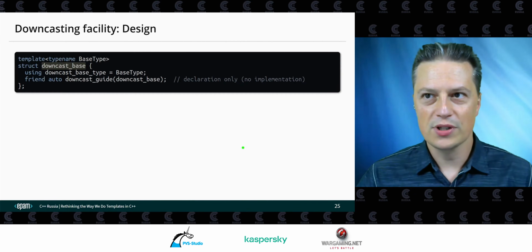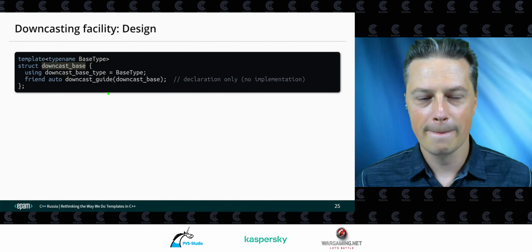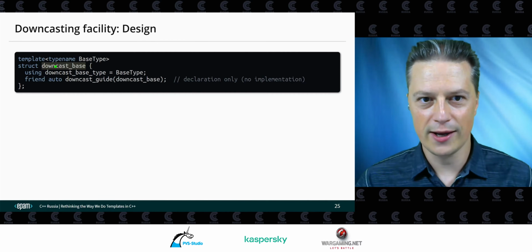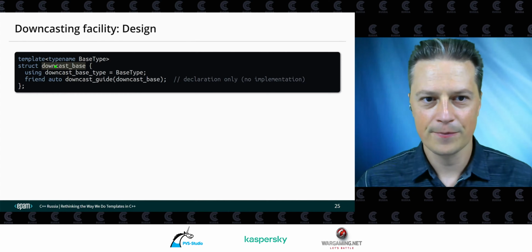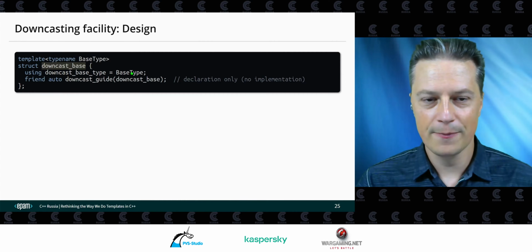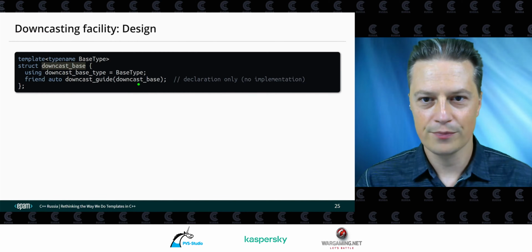To understand how it is implemented, let's look at a simple implementation. Downcast base, the one that's the most base class of the hierarchy, provides the alias for this base type and introduces a friend function called downcast guide that takes this type as an argument.